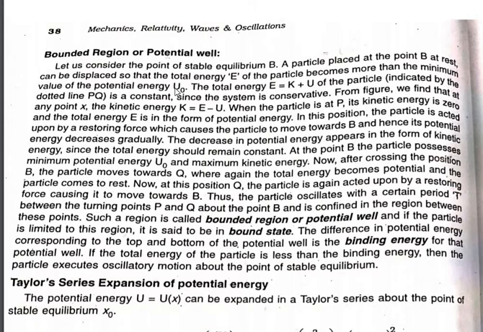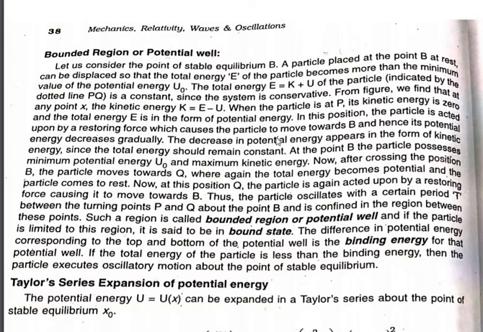First we give a force to the particle so that its energy increases and the total energy will be greater than the minimum potential energy U0. The total energy is given by E equals K plus U, where K is the kinetic energy and U is the potential energy.